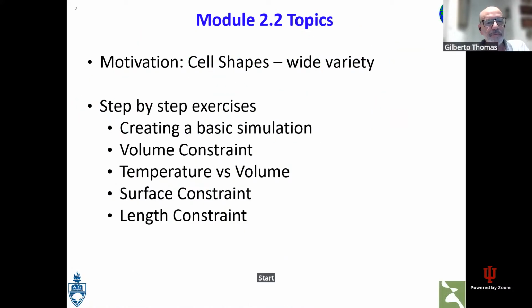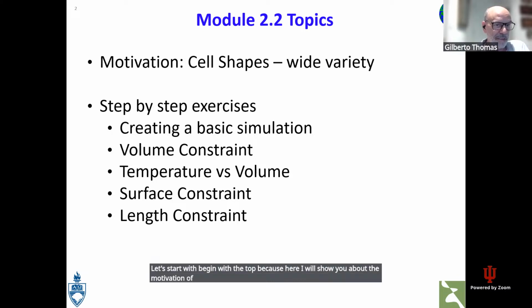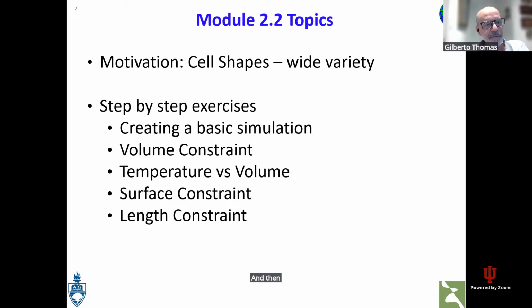Let's begin with the topics here. I will show you the motivation of this talk, the cell shapes themselves, and then I will go over a few exercises to show how to implement the cell shapes in the simulations.